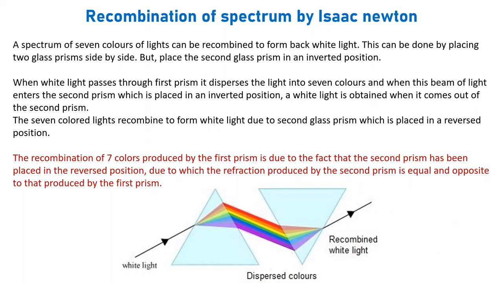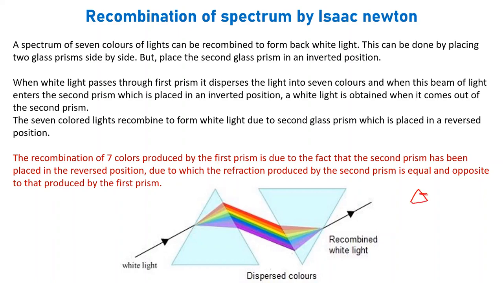Now, coming to the recombination of a spectrum by Sir Isaac Newton. Initially, when he found these 7 colors, he was very excited, right? So he kept one more prism. With the first prism he got 7 colors.